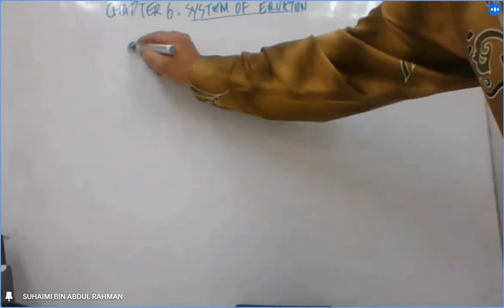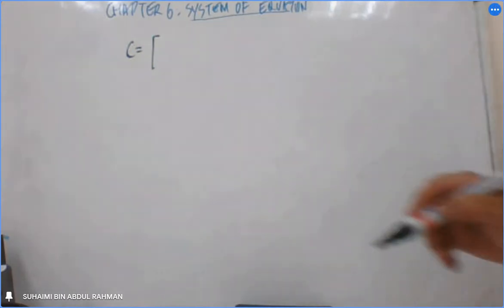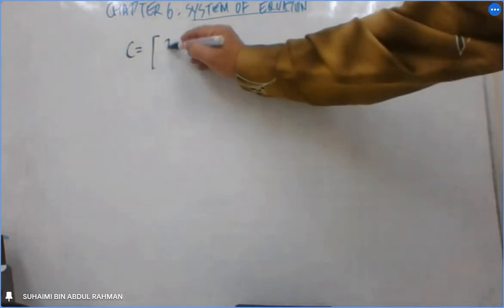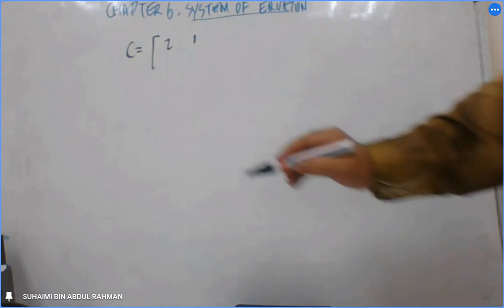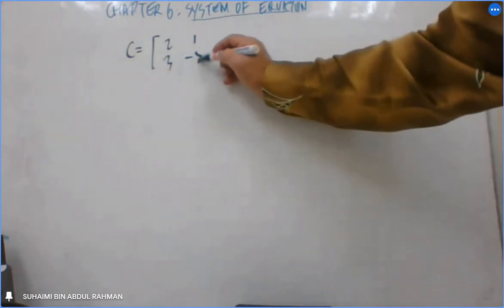Let's say matrix C is the matrix of 2, 1, 3, minus 5.